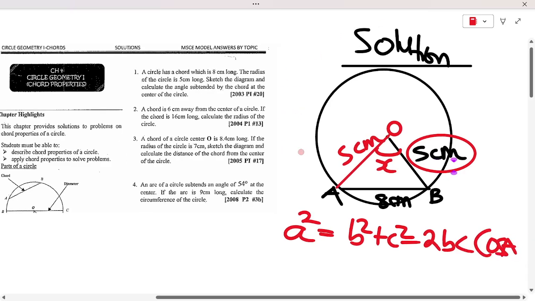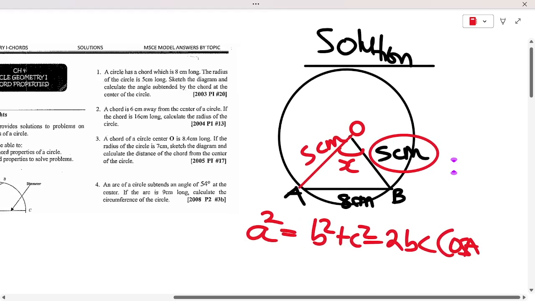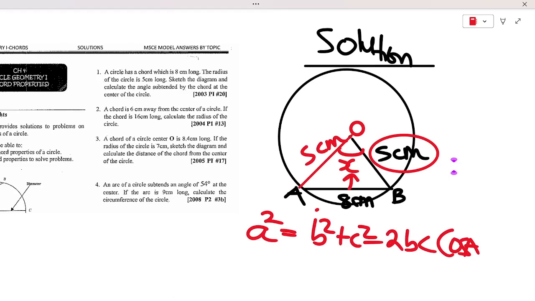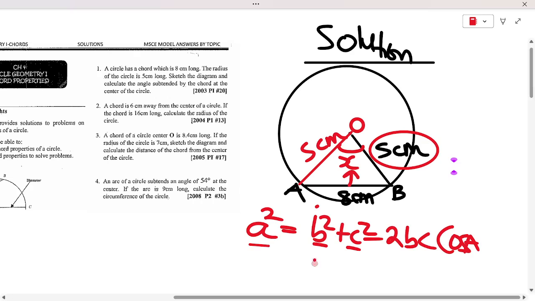So you substitute: a is the line opposite the angle, line AB, which is 8 centimeters, while b and c are the sides that form the angle, side AO and side BO, minus 2bc, so 2 times b times c, then cos A. Make it the subject of the formula.